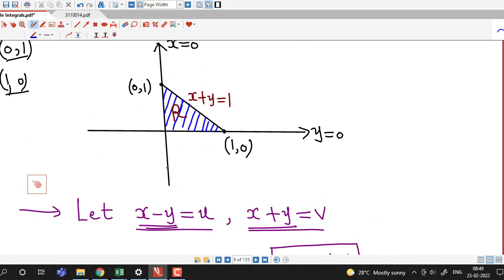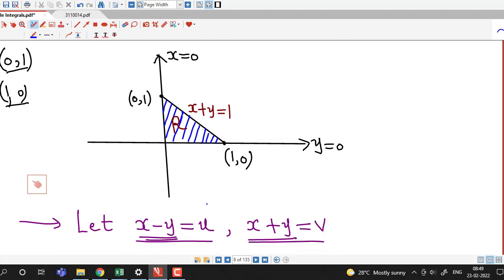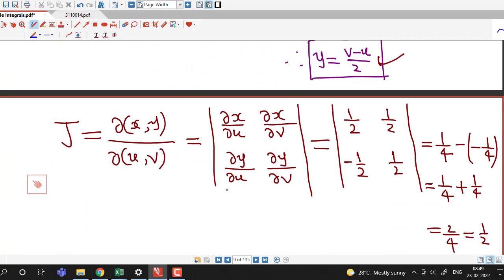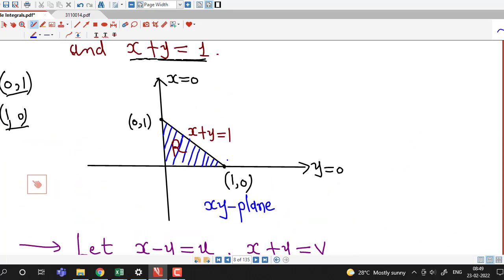Now we have to decide the region of integration in the uv plane. This is the region of integration in the xy plane, but we are taking the transformation of x and y in terms of u and v. So we have to decide the corresponding region in the uv plane, so that we can find out the boundaries corresponding to these boundaries in the xy plane.